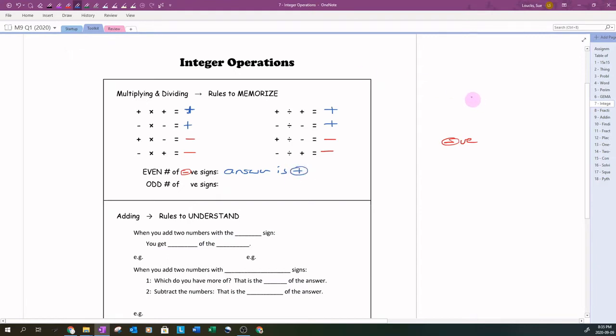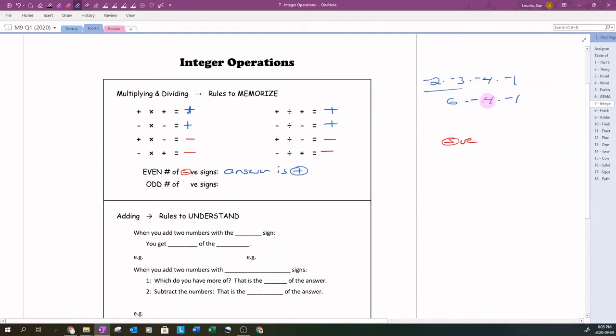Okay, let's do an example here. If I have -2 times -3 times -4 times -1, this pen is terrible today. Well, if I go -2 times -3, that gets me +6 times -4 times -1.